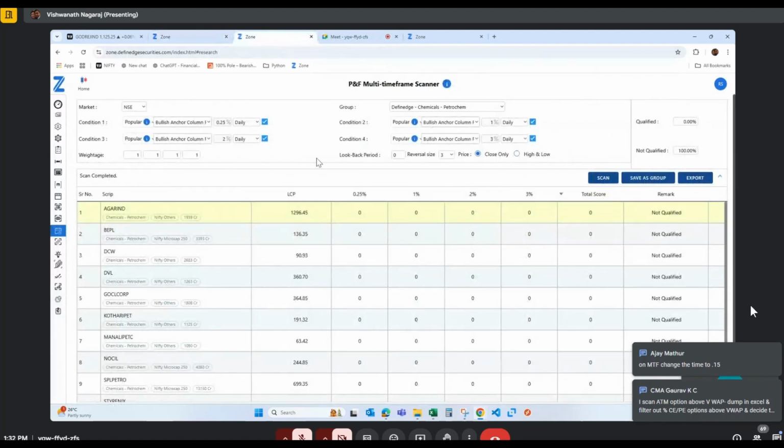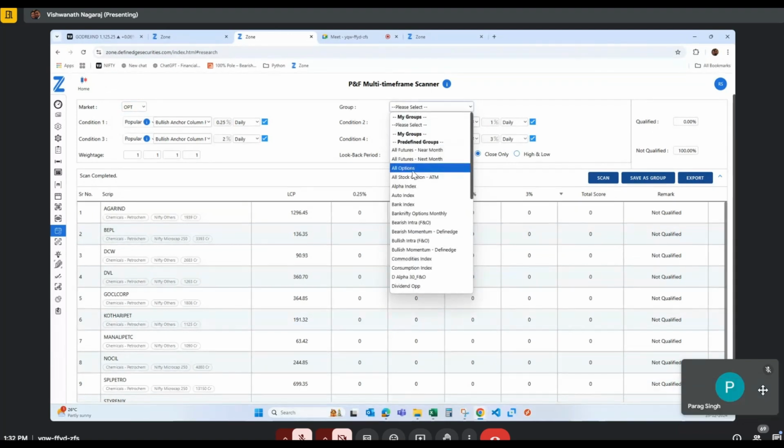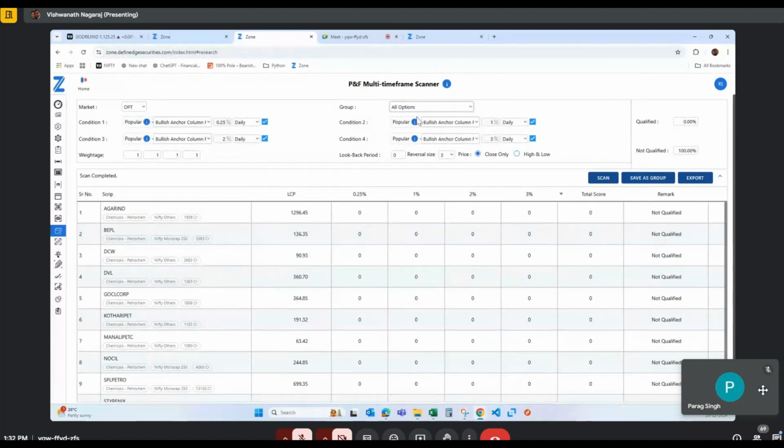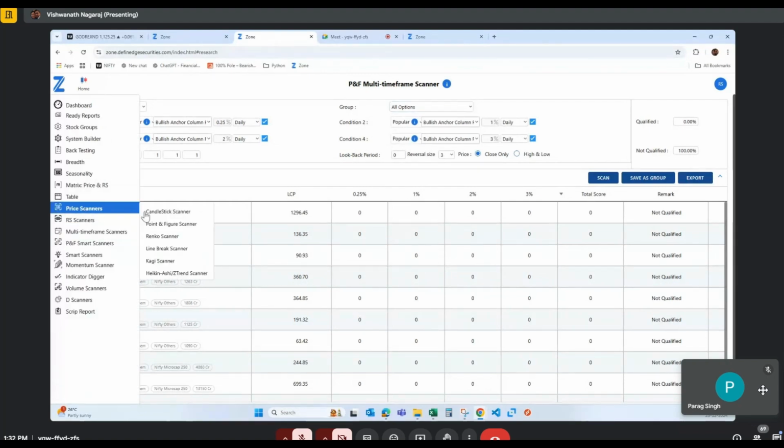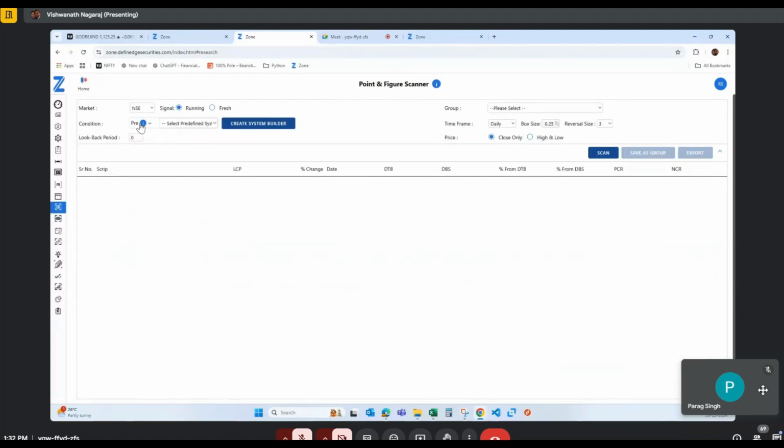I think it's the same thing for me. Everything is now coming back to one setup. I come to options. I come to all options, and because it is actually this one, I don't do multi-time frame. I need it because in this I can't run on trade point.